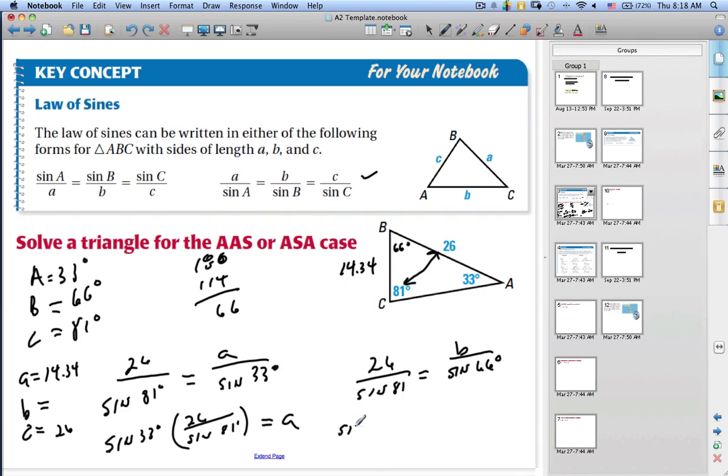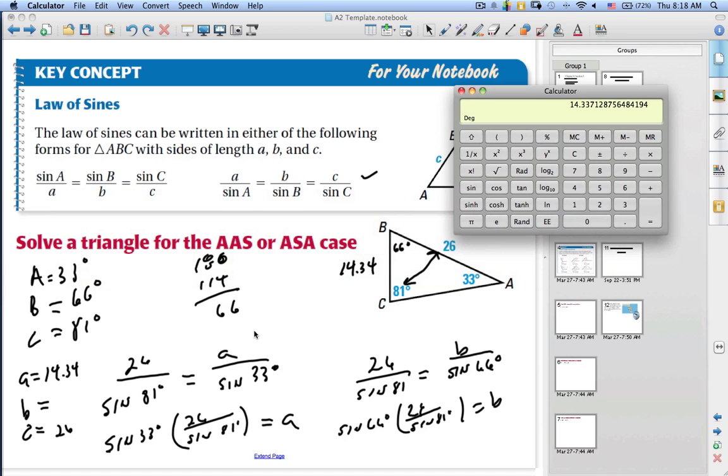When I do this, I'll have the sine of 66 degrees times 26 divided by the sine of 81 degrees equals B. Going back to my calculator, 26 divided by the sine of 81 degrees is 26.32, times the sine of 66, I get 24.08.